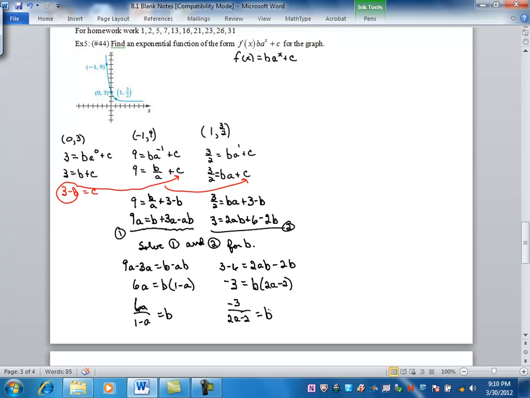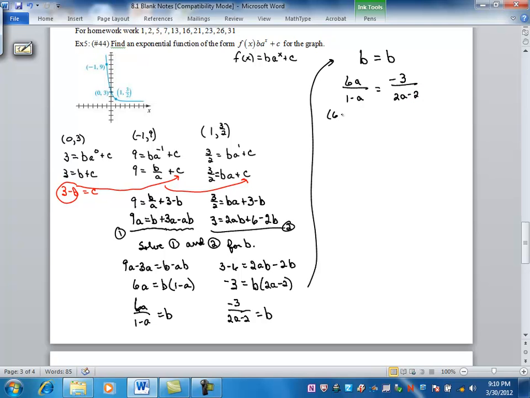And so we know, guys, that b must equal itself, which means 6a over 1 minus a must equal negative 3 over 2a minus 2.